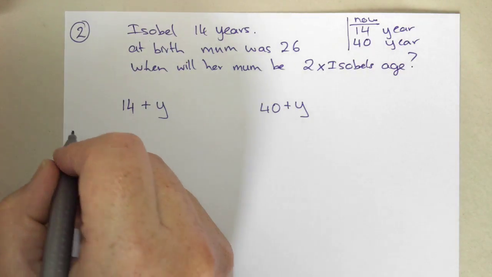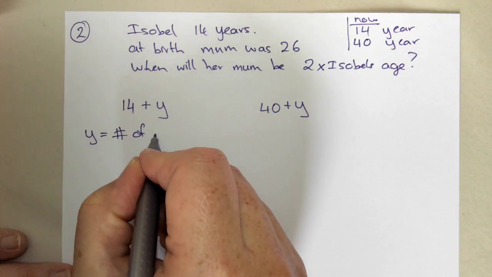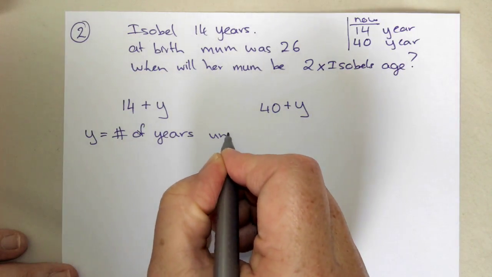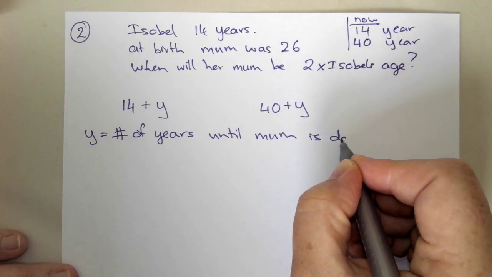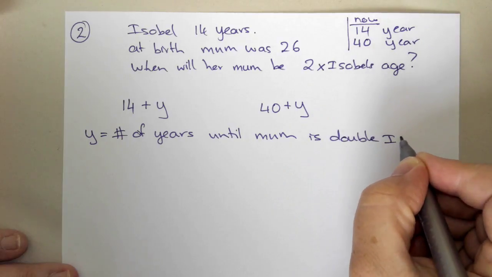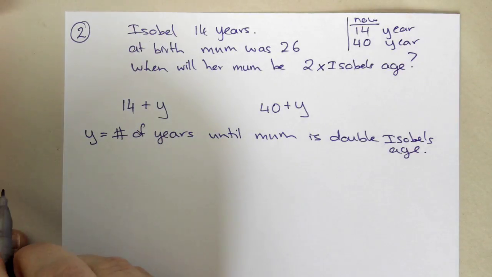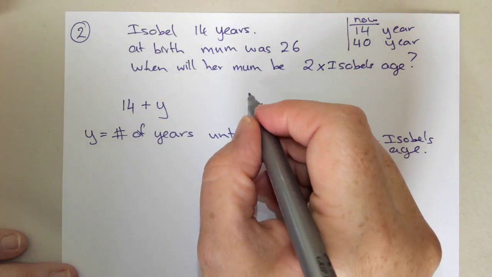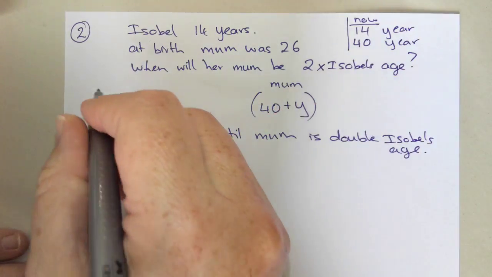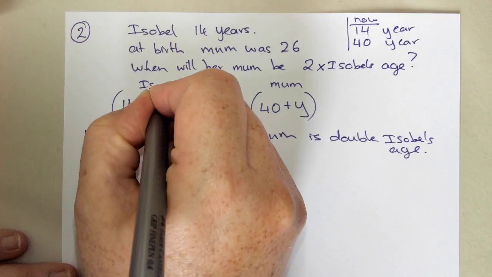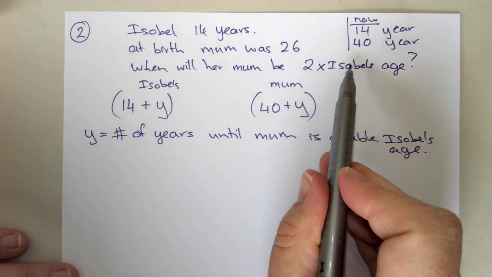Okay, so let's define Y. So Y is going to be the number of years until mum is double Isabel's age. Okay, so I want to find out when mum's age, so this is mum's age, and this is Isabel's age, and I want to know when is her mum 2 times Isabel's age.